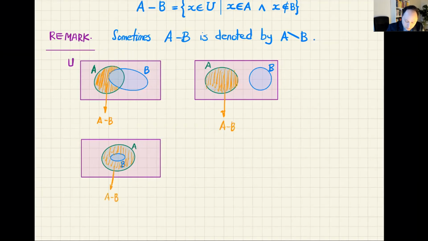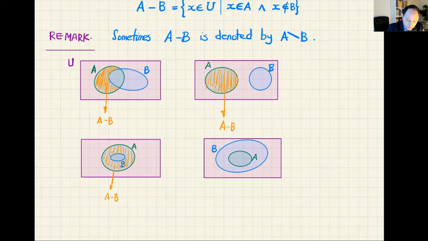And of course, let me just throw one more. If I have this situation, maybe you are able to guess yourself now, if this is the other way around. So for example, I have this situation, let me make it smaller. So this is my set A, and this is my set B. Okay, so then what is A minus B in this case?